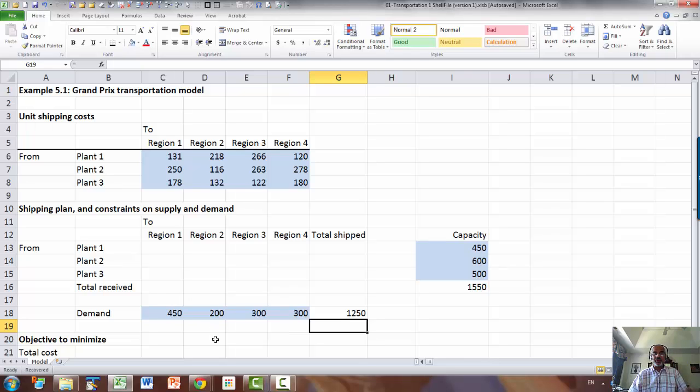So in that case, what we have to do is add an additional capacity, which will be a pseudo capacity or dummy capacity. You enter the difference between the total demand and the total capacity as the pseudo phantom capacity for that additional row.